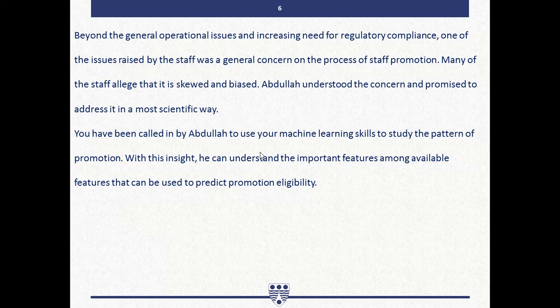Mr. Abdullah, being a just man, assured them that he is going to use the scientific means possible to make sure that any staff that is due for promotion will be duly promoted. So he decided to hire us, the data scientists, to build a machine learning model capable of predicting an employee in the company that is likely to be promoted, which is a very, very important task.